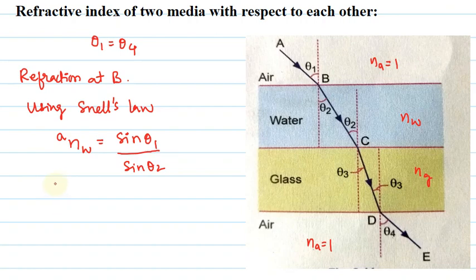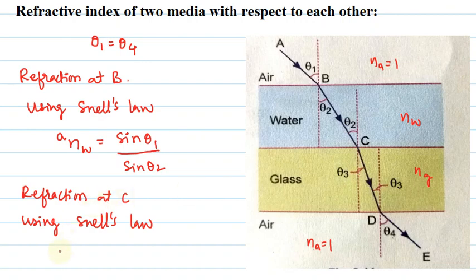In the same way, let us take refraction at the point C for light passing from water to glass. At C, using Snell's law, this is water, right? At C, this is angle of incidence theta 2 and theta 3 is angle of refraction.